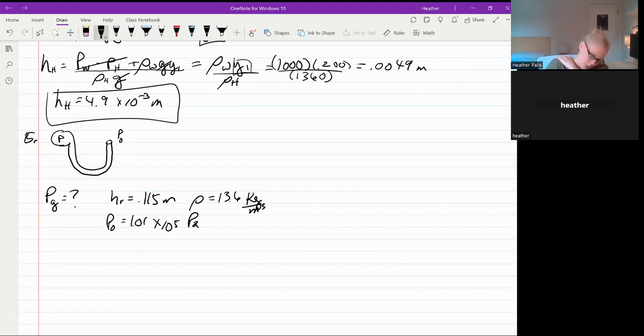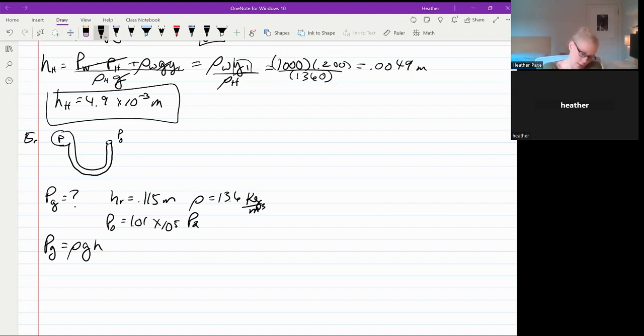All right, so we're looking for P_G, and we know that P_G equals rho g h, and we are given all of the unknowns. We're given rho, g, and h, so we just have to plug those in.